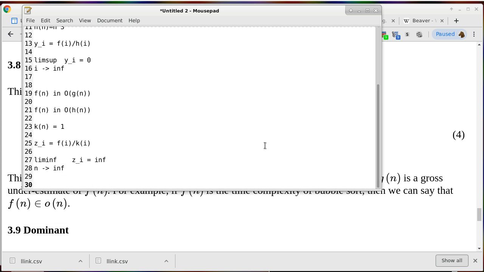So now we can use the big omega notation where we say f of n is an element of big omega, I can't really use the omega symbol here so I have to spell out omega, is a member of big omega of k of n. Meaning that k of n is a lower bound of f of n.